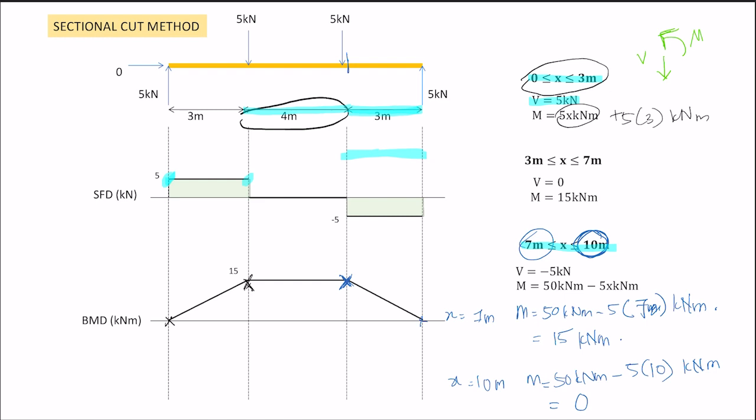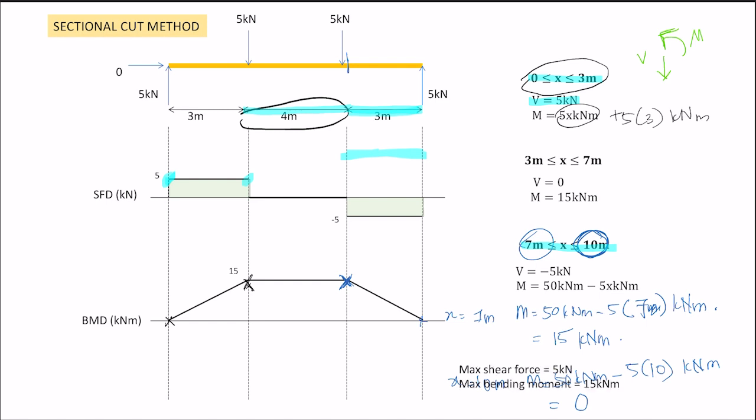You cannot really find out the value for, for example, X equals 10 meter. You cannot determine exactly the value at that point. While with the sectional cut, if you need to find the value at a specific point, you can get it.